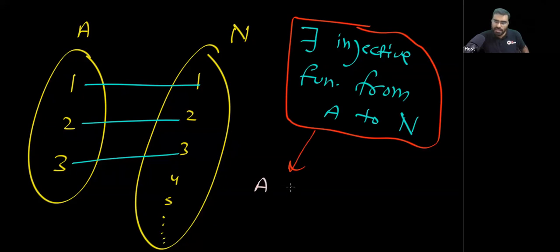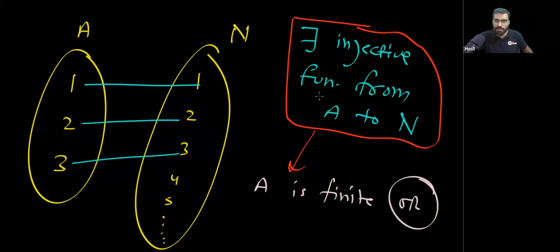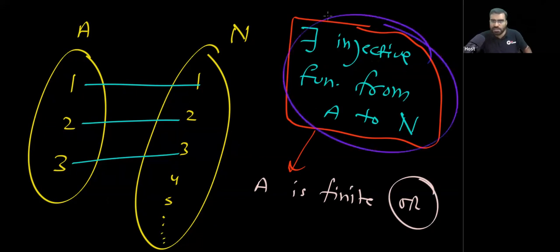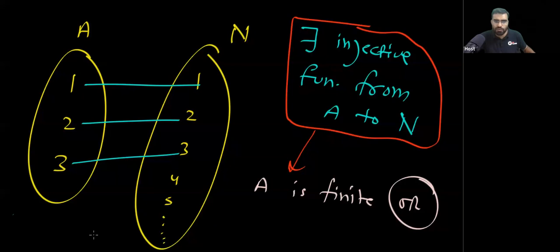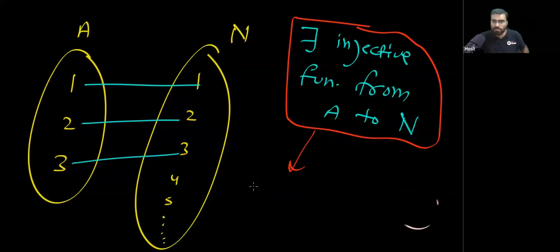This means either A is finite or what will happen? If you have an injective function from A to N, this is the definition of countable. Is this the definition of countable or not? This is the definition of countable, not the definition of countable infinite.